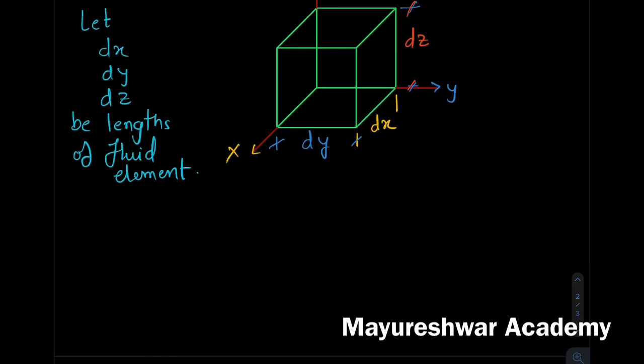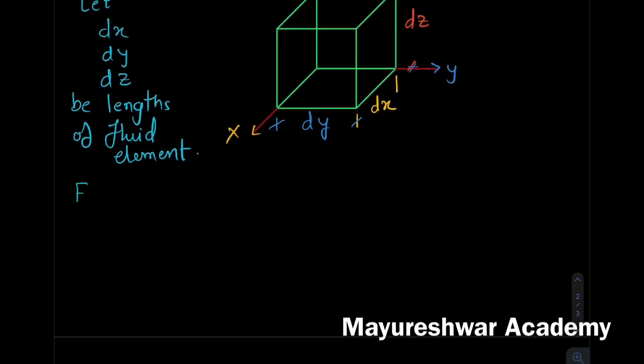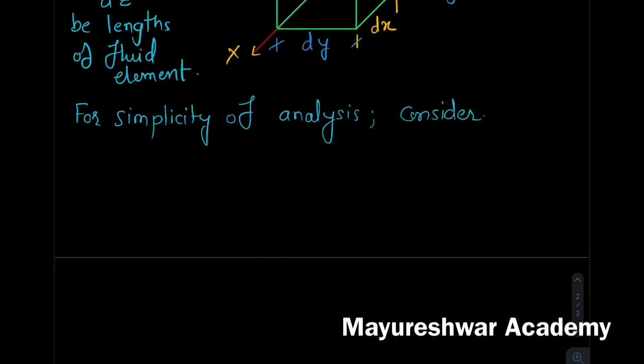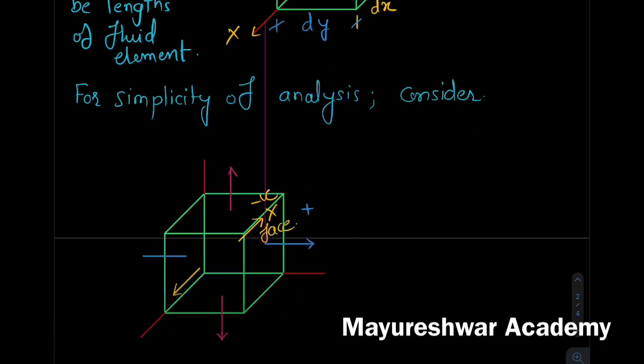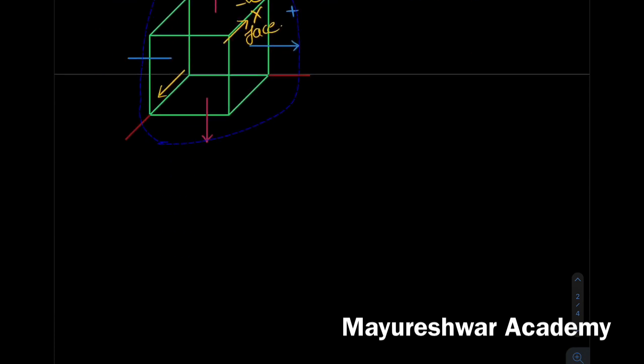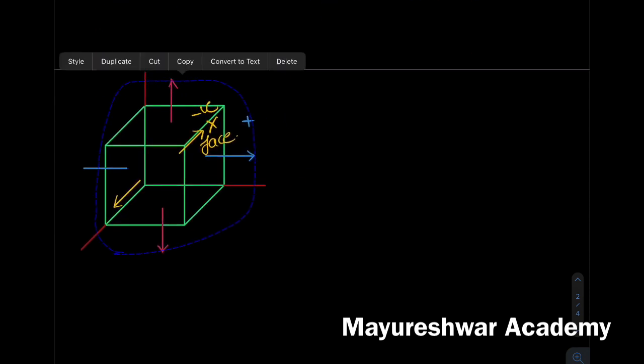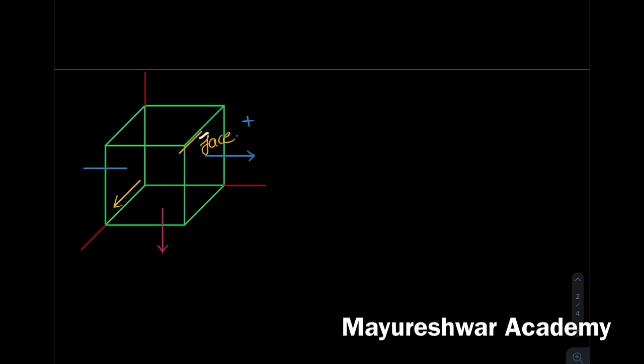Now let us formulate. For simplicity of analysis, let us paste this here and remove the scratch of whatever is unwanted. So let us formulate all the fluxes one by one.